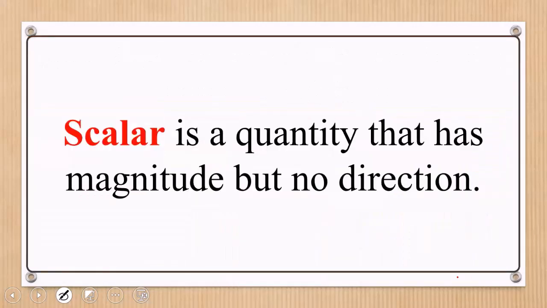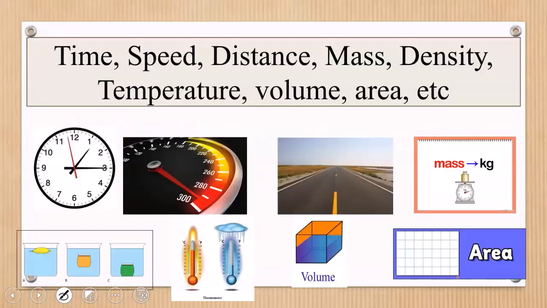Good. Then we also have scalar quantity, which is a quantity that has magnitude but no direction. For example, if I talk of time, since I started this video, I've spent 1 minute 50 seconds. That is the time, that is the magnitude, but there's no direction, and so it is a scalar quantity.